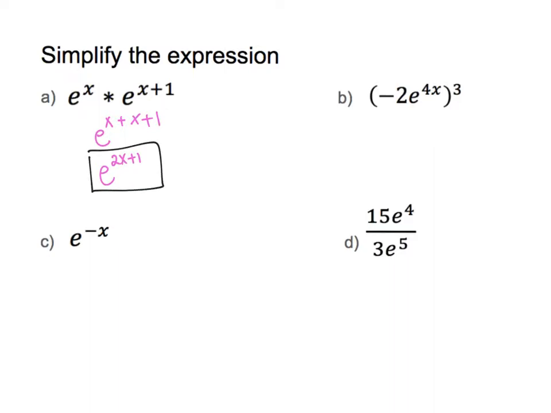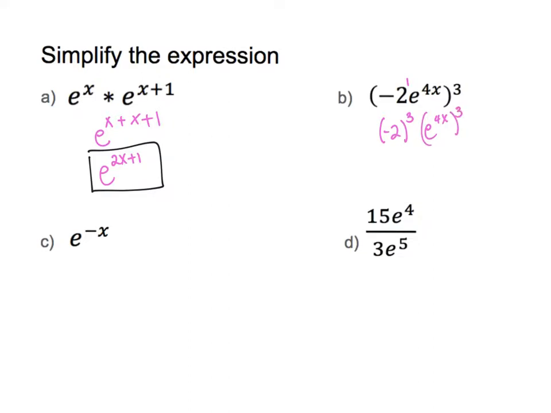For part B, I have an exponent outside, so if I have an exponent outside the parentheses, I have to distribute that exponent to everything that's inside. So you only distribute to another exponent. Here's what I mean. This negative 2 is to the 1st power, and this e is to the 4x power. So that means this negative 2 is going to be raised to the 3rd power, and this e to the 4x is going to be raised to the 3rd power.